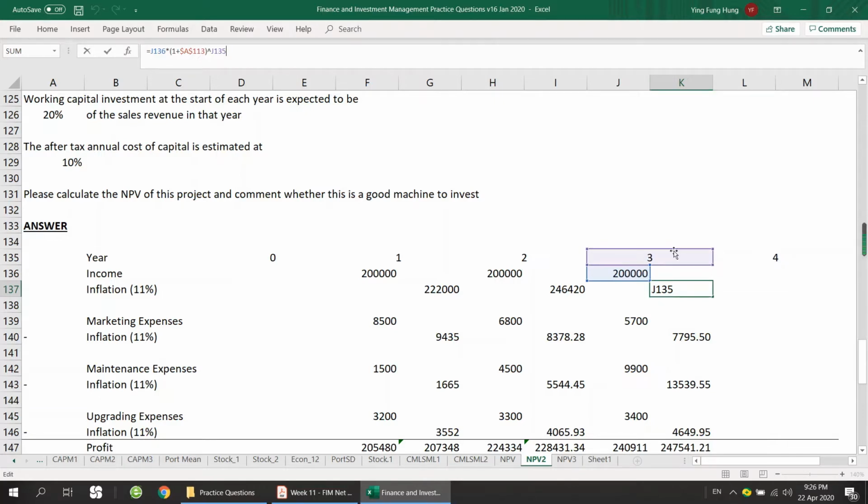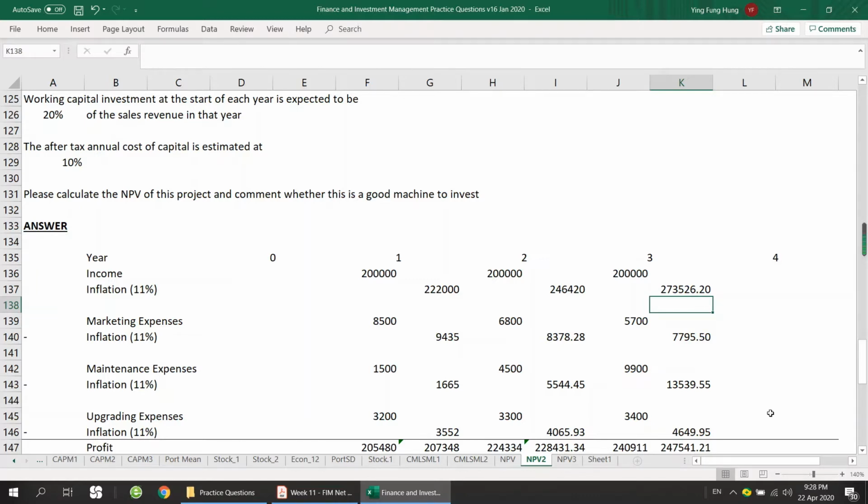The main reason why we are raising this to the third power is that in the first year, this 200,000 has to be multiplied by 1 plus 11%, then in the second year by another 1 plus 11%, and in the third year we multiply this by another 1 plus 11%. Therefore, by raising this to the third power, we will get an answer of 273.526.2 thousand.